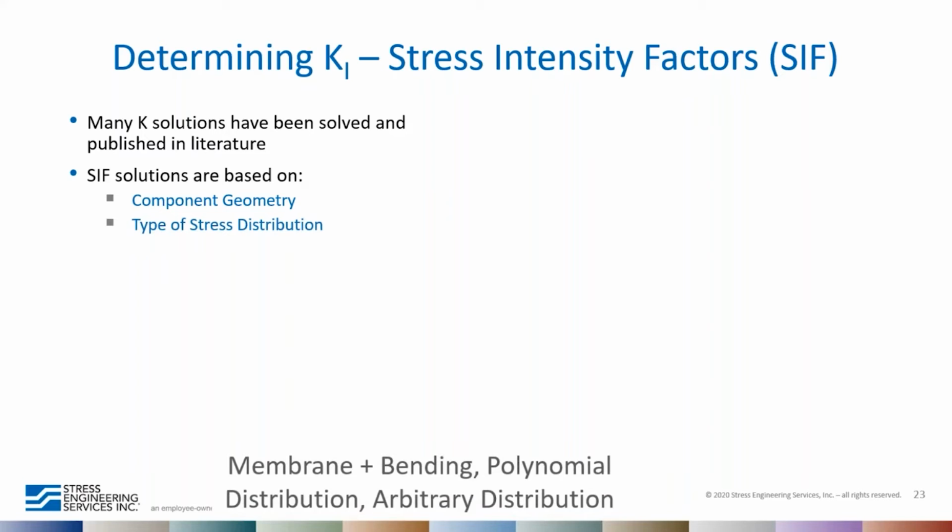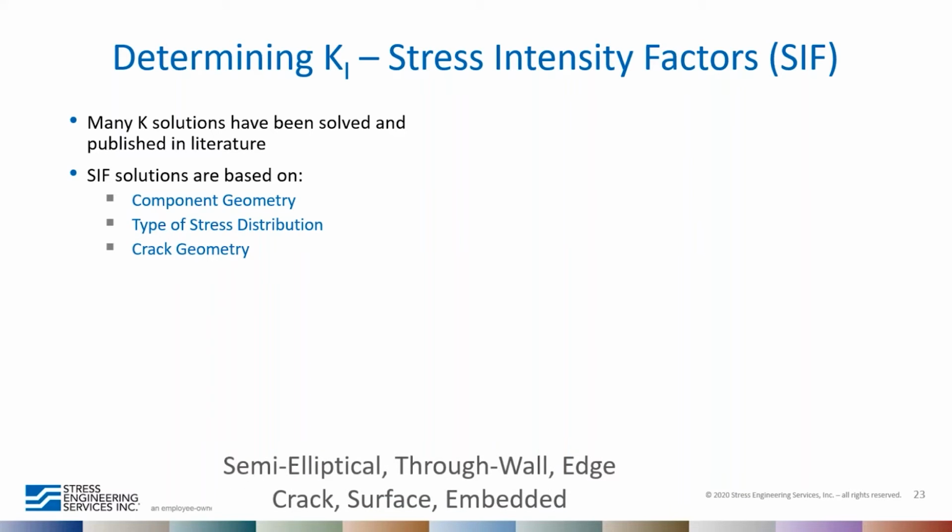The type of stress distribution, so it might be a membrane plus bending, or a polynomial distribution, or an arbitrary stress distribution. And finally, it depends on the crack geometry, so you have solutions for semi-elliptical cracks, for through-wall cracks, edge cracks, and so on.